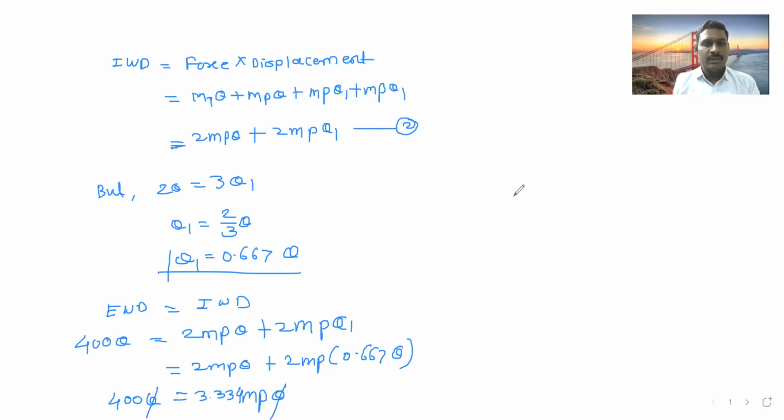MP is equal to 400 divided by 3.334. How much is MP equal to? 119.97. I think it means this is 120 kilonewton meter.